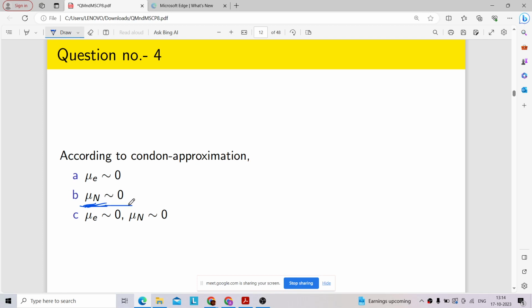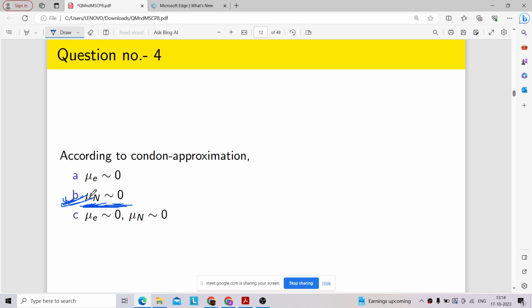That's why we approximate the nuclear dipole moment to be very small. So the correct answer is B. It also contributes to the spectroscopy, but its contribution is very negligible compared to the electron contribution. So the correct answer is B.